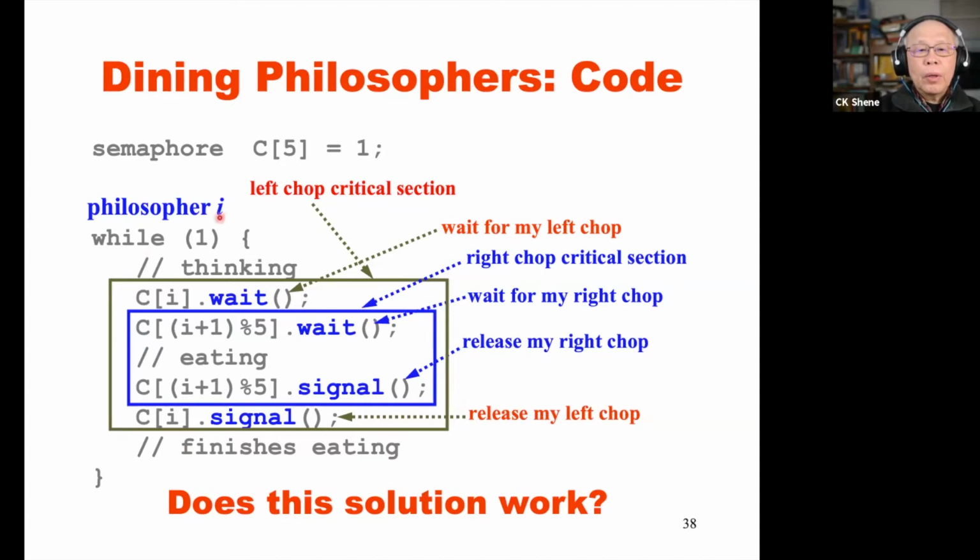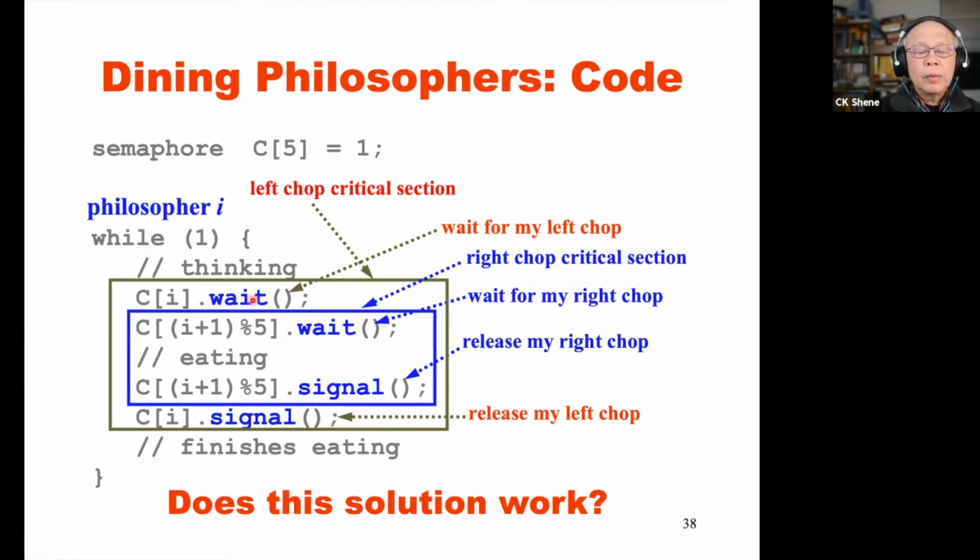When this philosopher i wants to eat, he calls the wait of chopstick i. We assume that chopstick i is the left chopstick of philosopher i. So philosopher i waits on his left chopstick.